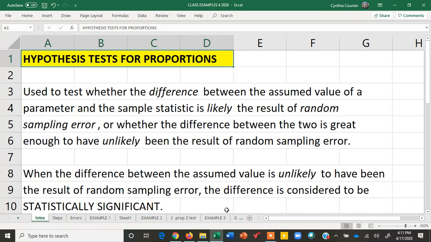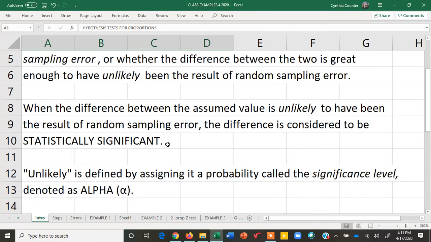When the difference between your sample statistic and assumed parameter is found to be unlikely, then we say that that difference is statistically significant. So this is a very important term here, statistically significant.